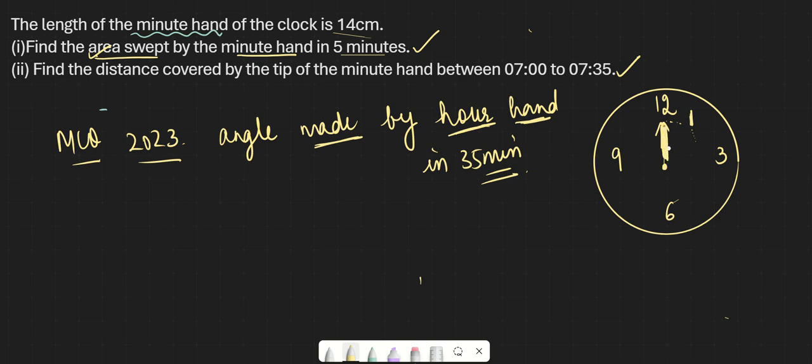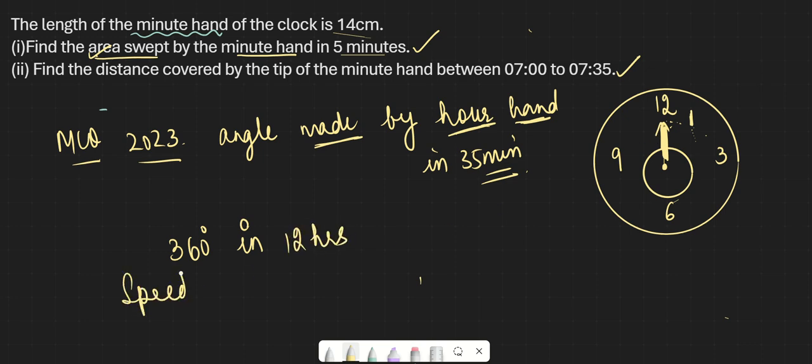It starts from 12 and moving clockwise, hour hand comes to 12 position in how much time? From 12 complete degrees cover करना है, 360 degrees covered in, if you say 12 to 1 1 hour, 1 to 2 2 hours, 2 to 3 3 hours, तो ऐसे करते करते 12 पे आएगा in 12 hours.